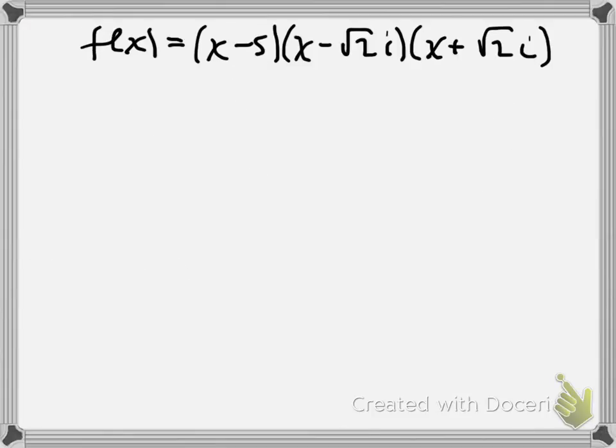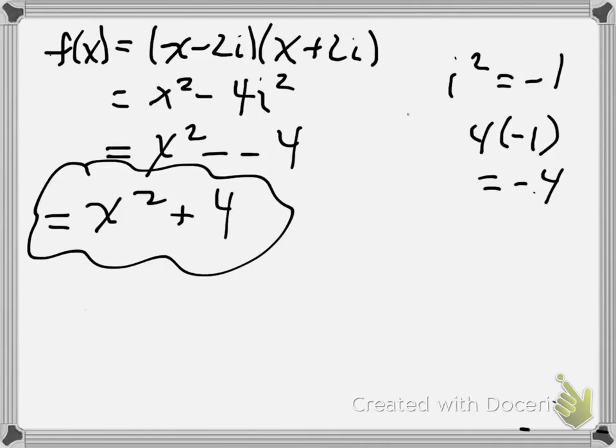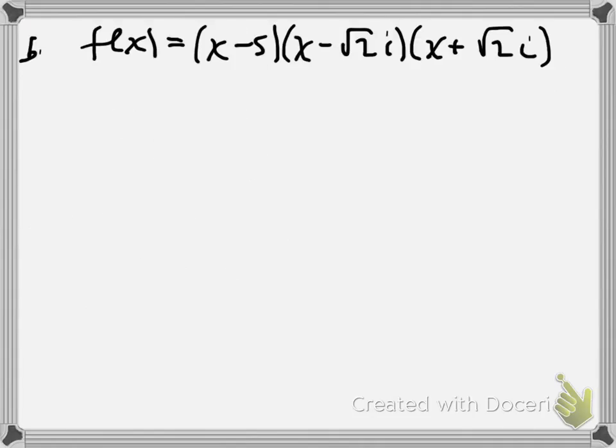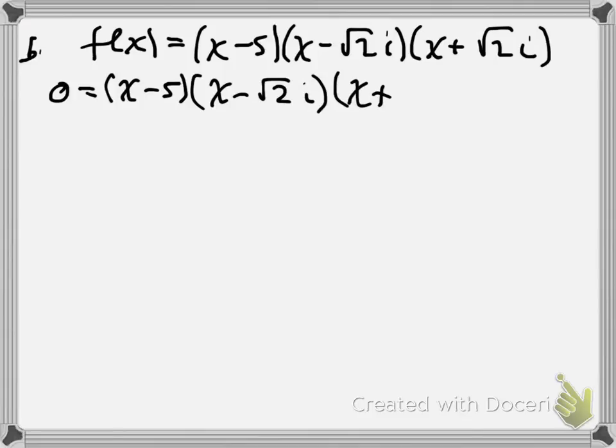Okay, now this is part B here. Alright, and we have the polynomial, so let's find what the zeros are. So set the left-hand side equal to 0. Alright, so we have x minus 5 times x minus the square root of 2 times i times x plus the square root of 2 times i. We're going to set each of these factors equal to 0.